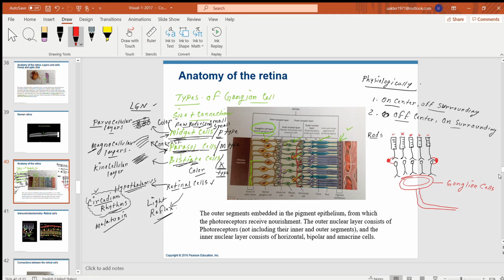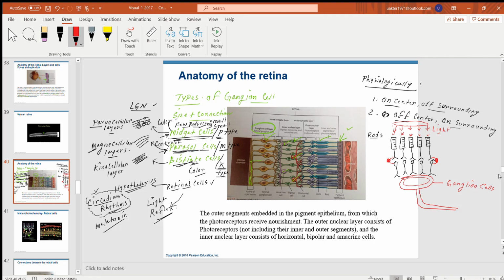Make sense? Okay, now if I present light on the retina, so let's just draw here, this is the source of light. So light is falling on these photoreceptors of the retina.